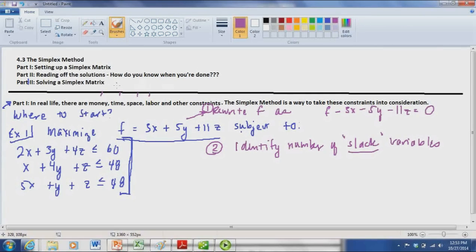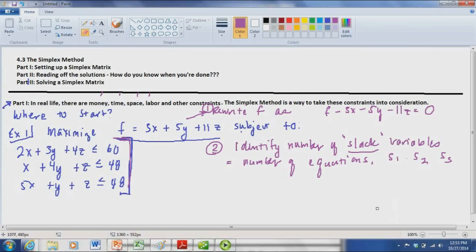So in this particular problem, you're given this function that you want to maximize, and these here are your constraints. So how many constraints do you have? 3. So your number of slack variables is equal to your number of equations. So we have S1, slack 2, and slack 3. So we have 3 slack variables that we are going to be putting into our function.